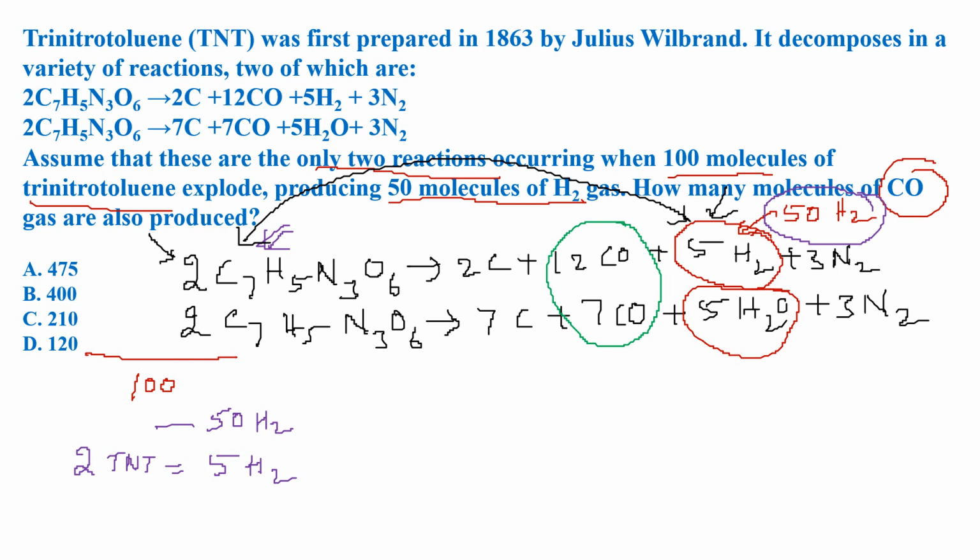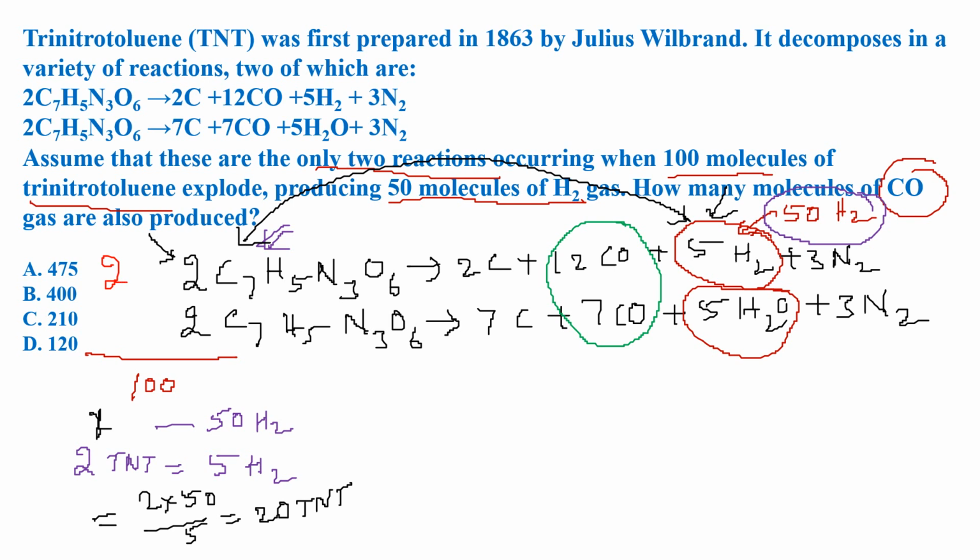Okay. Then here 50 molecules of H2 gives how much? Indirectly 2 into 50 divided by 5. Then you will get 20 molecules of TNT required. The first answer is 20 molecules.